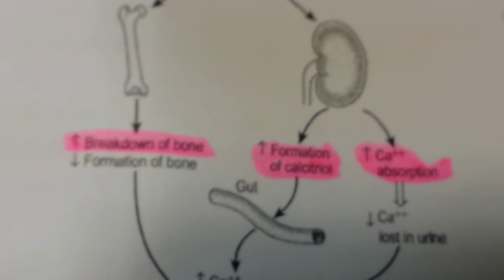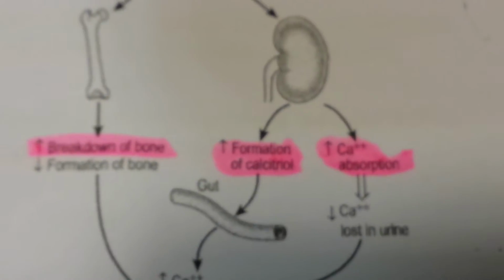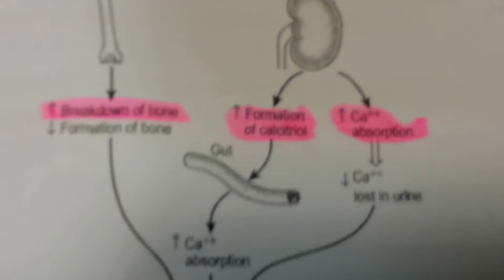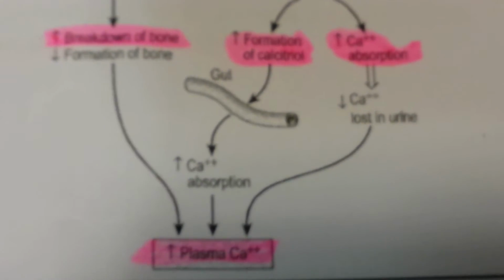Decreased plasma calcium, increased PTH. Breakdown of bone, increase in formation of calcitriol, increase in calcium absorption, all cause an increase in calcium absorption and increase in plasma Ca2+.